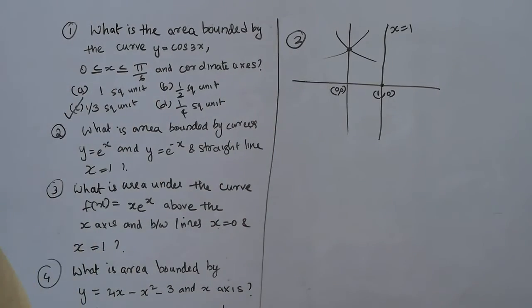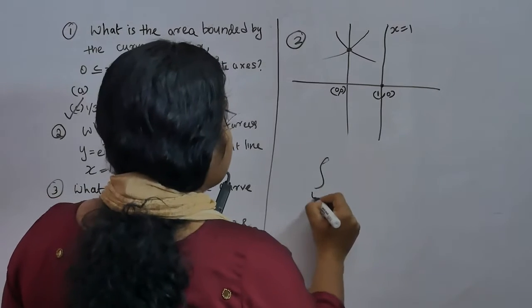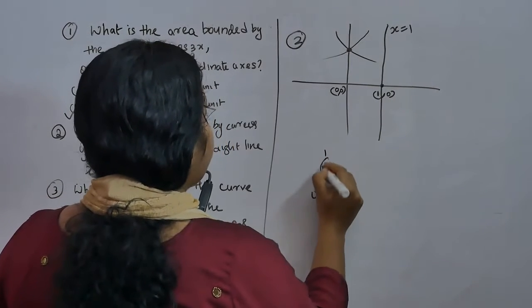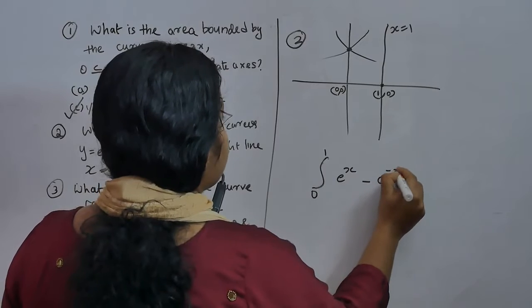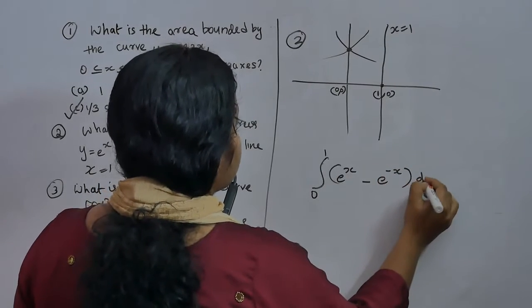We got the limit, so the integral from 0 to 1 of e raised to x minus e raised to minus x dx.